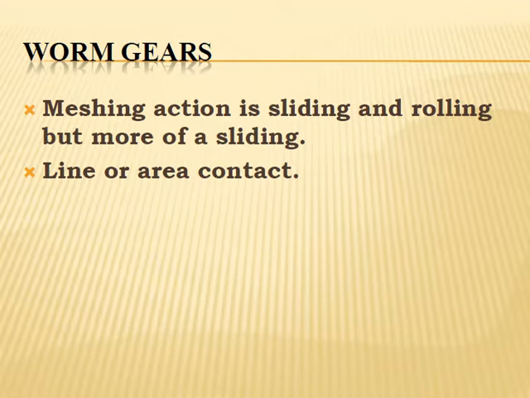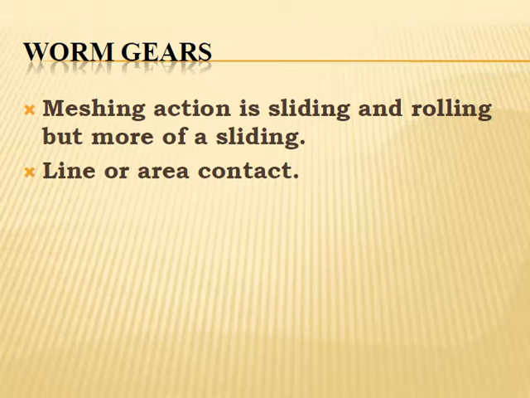Worm gear drives have another feature. The meshing action in the worm gear drive is a combination of sliding and rolling, with sliding very predominant at higher reduction ratios.